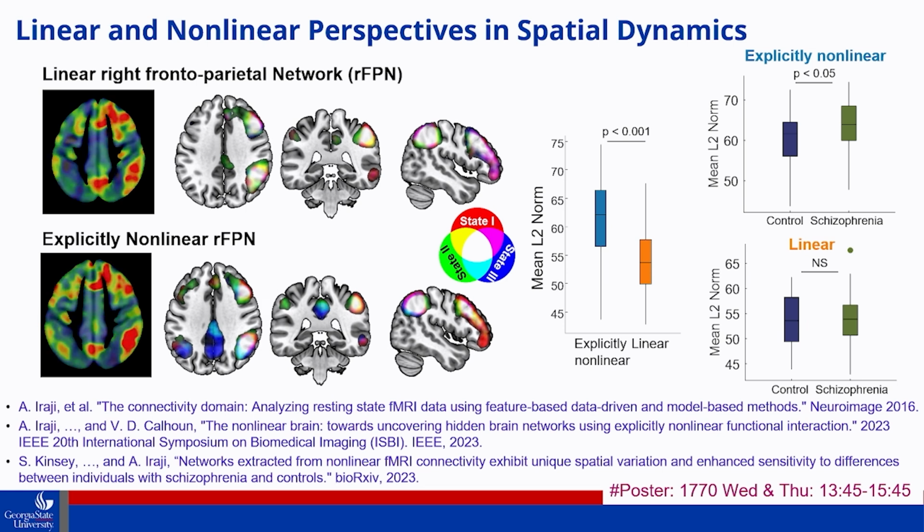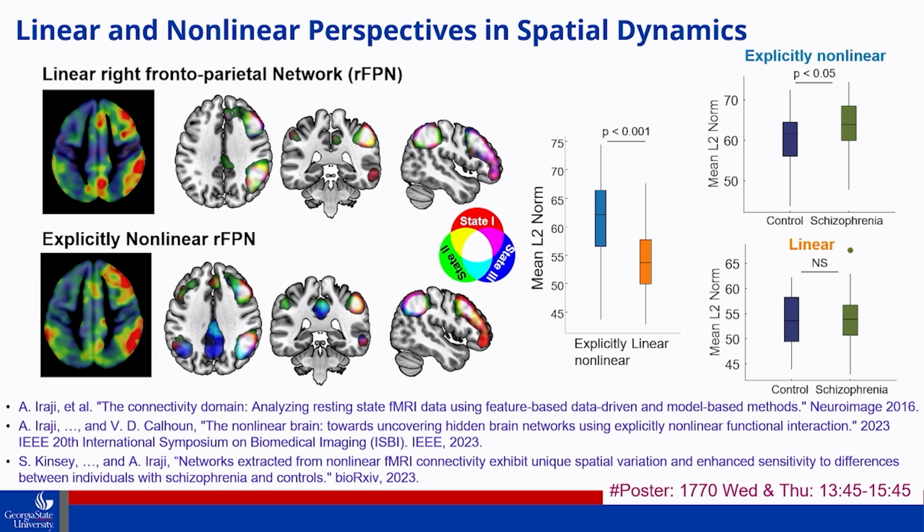But what I want to point out here is the comparison of the spatial dynamics of linear and nonlinear aspects of these networks. On the left we can see an example of one actual subject, linear and nonlinear. You can see the level of spatial variability in the nonlinear network versus linear, including spatial integration and segregation with the left frontal parietal network. Here we try to quantify them by applying clustering and matching the states between these two.